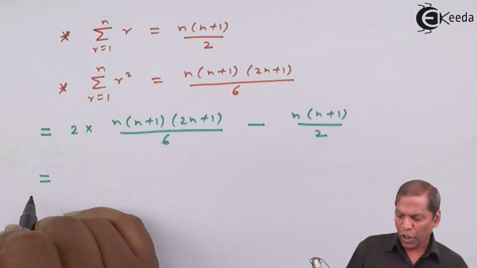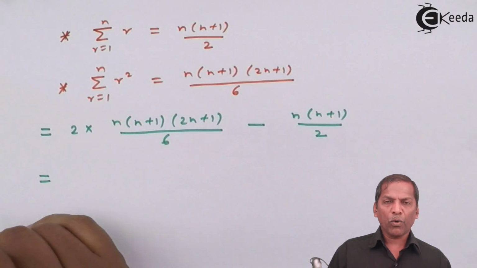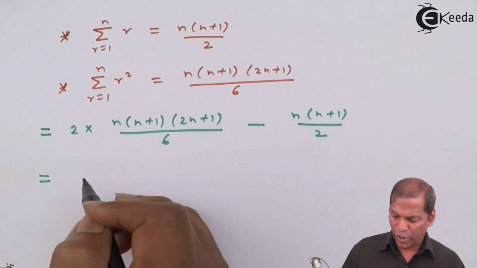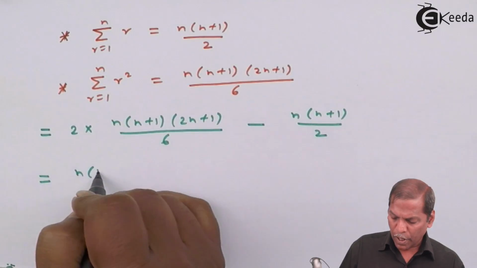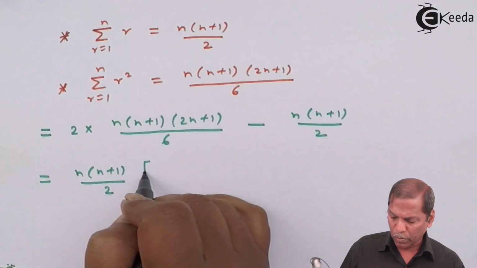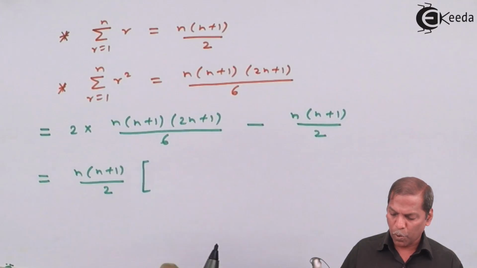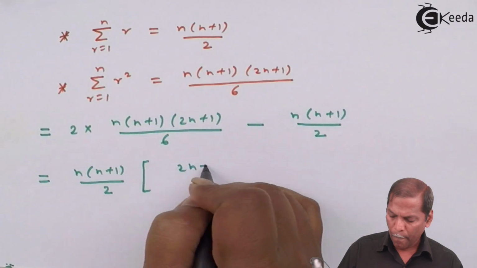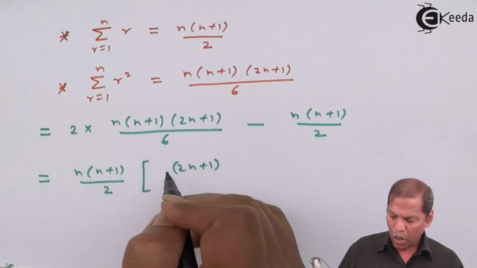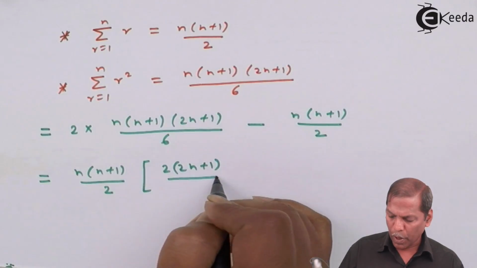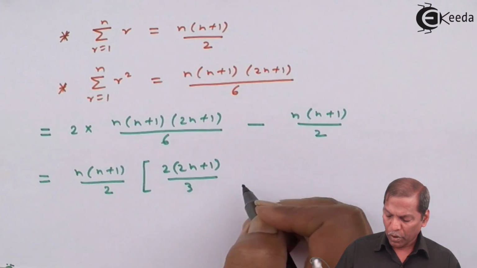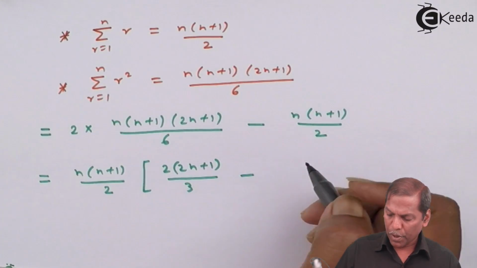Now from these two terms we take n into (n plus 1) upon 2 common. So the next step will be n into (n plus 1) upon 2, into the bracket: (2n plus 1) multiplied by 2 and divided by 3, minus 1.